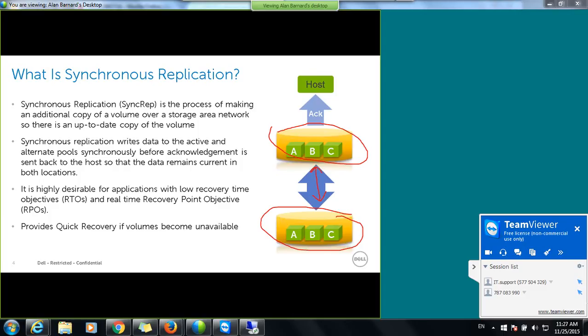As soon as it finishes writing on both pools, it sends an acknowledgement to the host. So what is this used for? This is used for a particular volume that requires high availability.